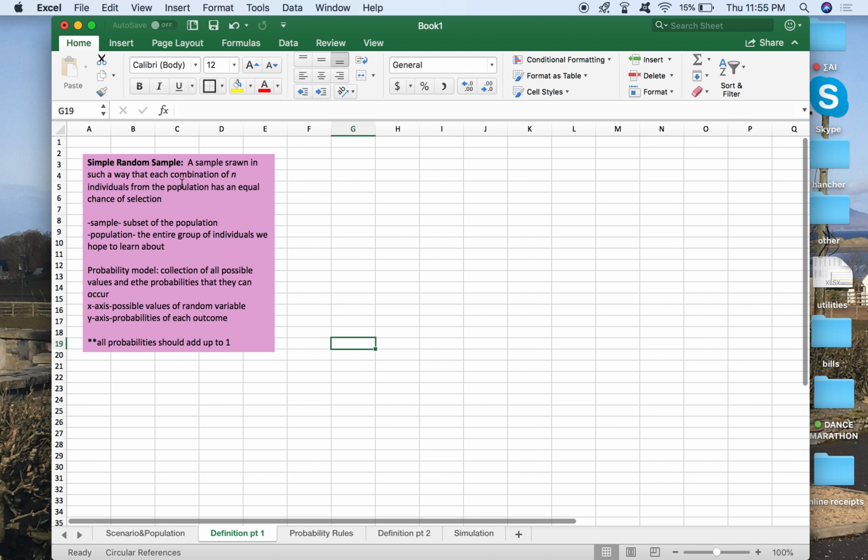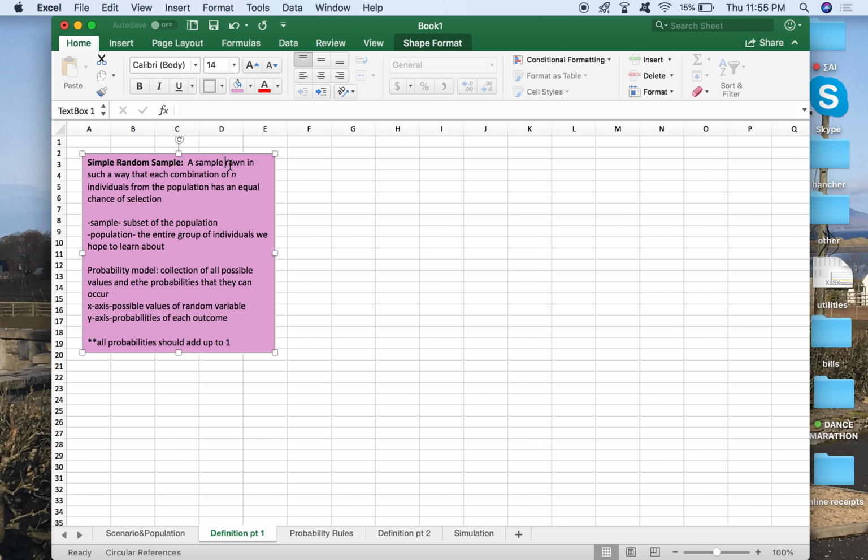Going over the definitions, a simple random sample is a sample drawn in such a way that each combination of n individuals from the population has an equal chance of selection. So a sample is a subset of the population, and the population is the entire group of individuals we hope to learn about.